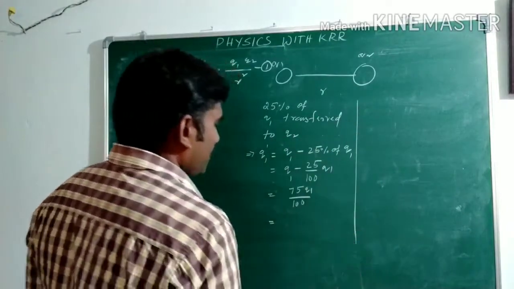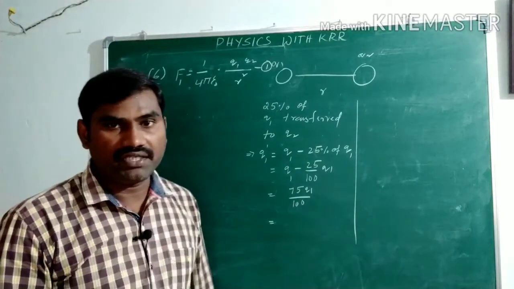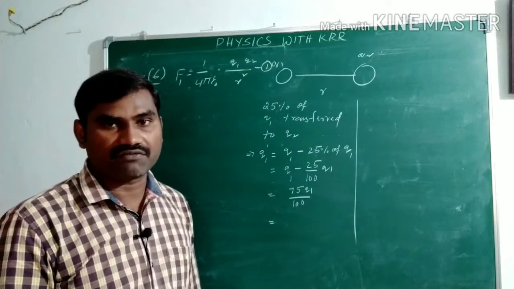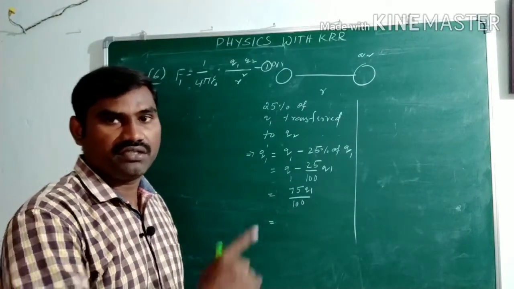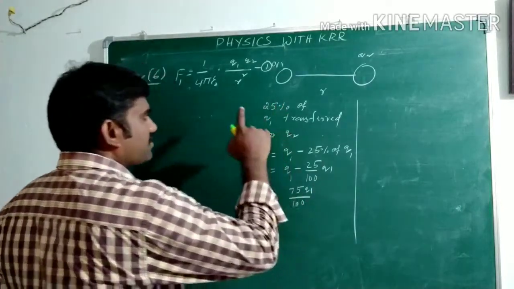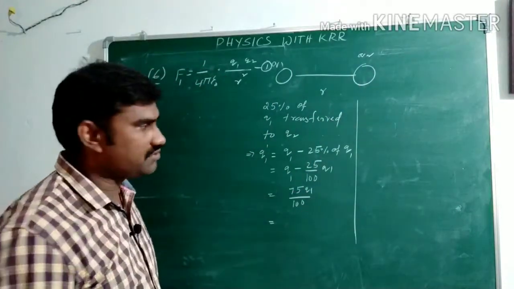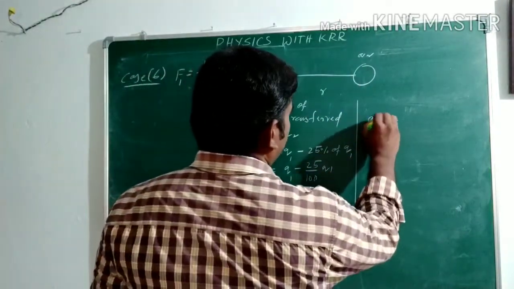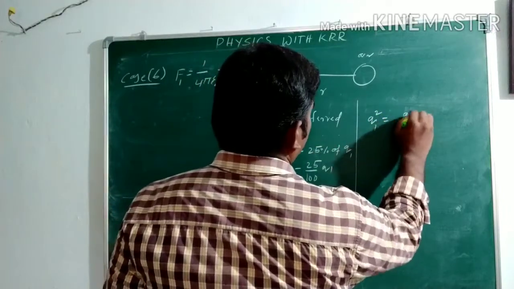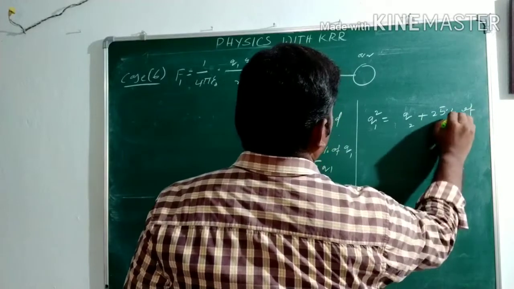Now, according to the conservation of charge, charge can neither be created nor destroyed. It can be transferred from one body to another body. So 25% of the charge is transferred from charge Q1 to Q2. So there is no loss of charge. That is the reason Q2 dash will be equal to Q2 plus 25% of Q1.